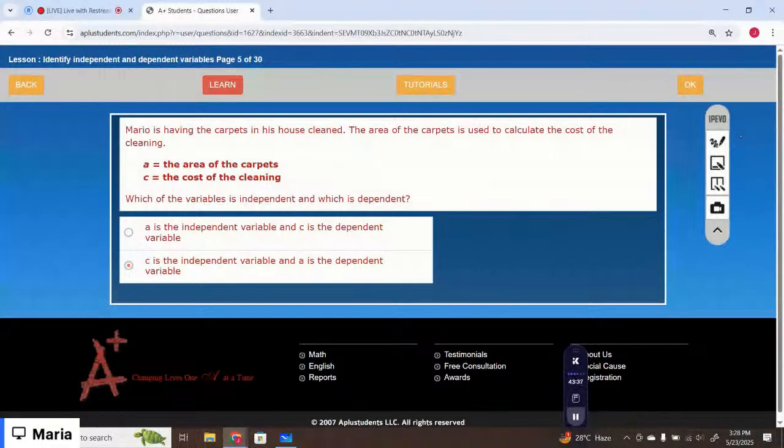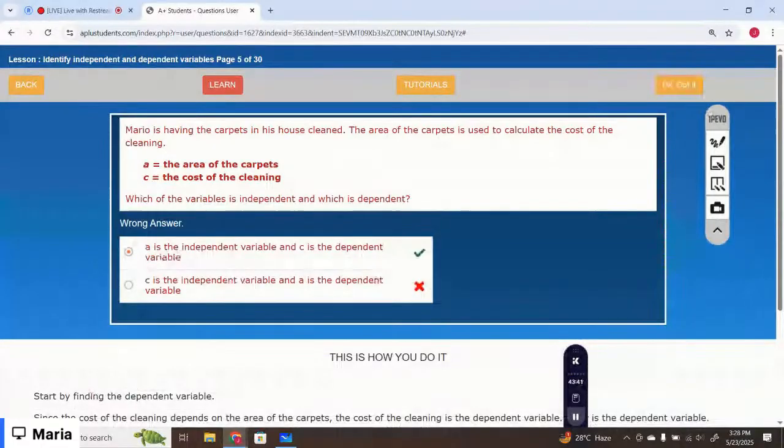Option number two is the correct option.